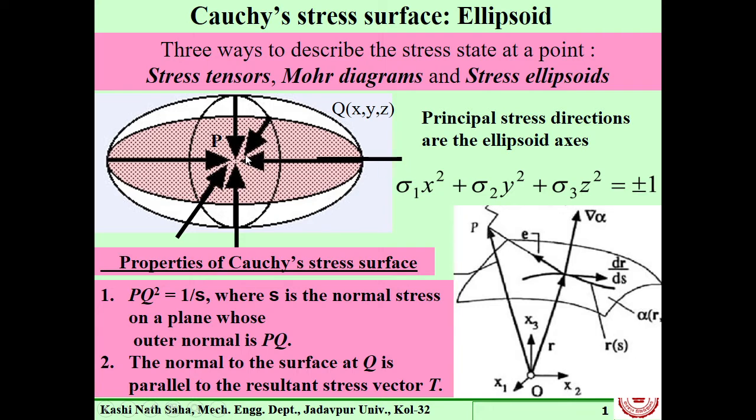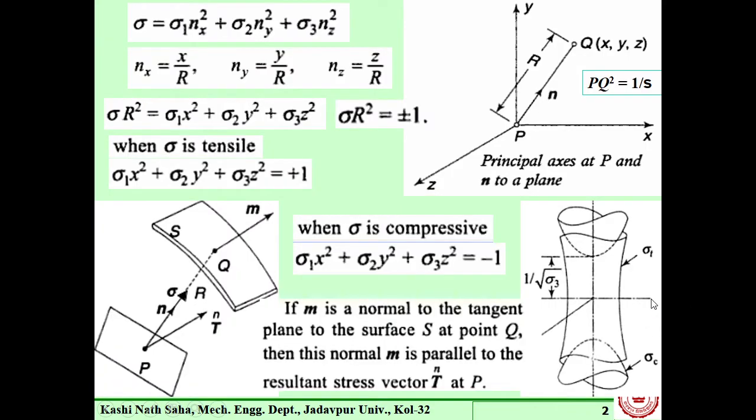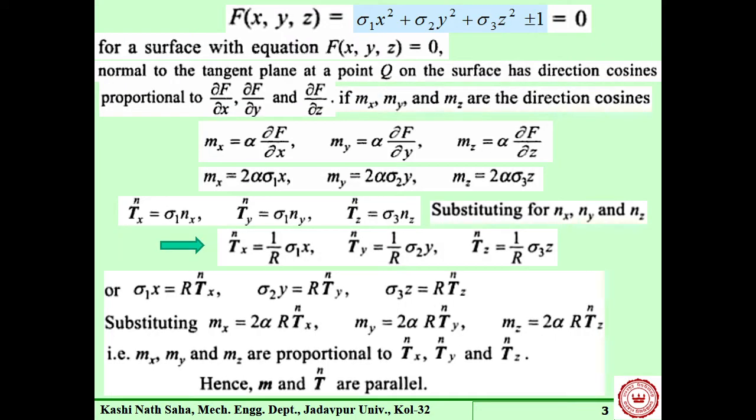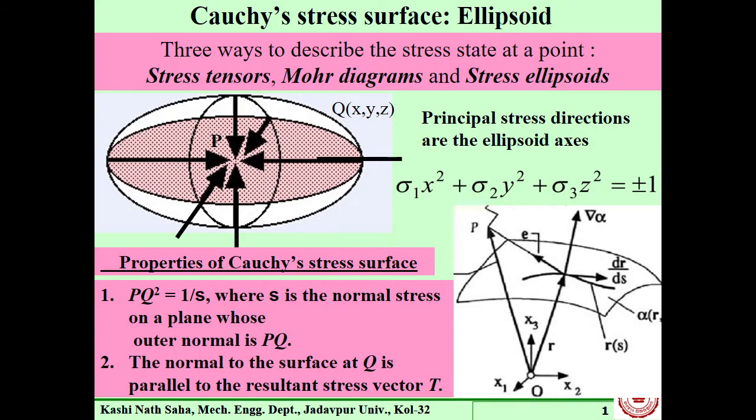Say its origin is at P and a point on the surface is Q. Clear? Okay. So what happens now?